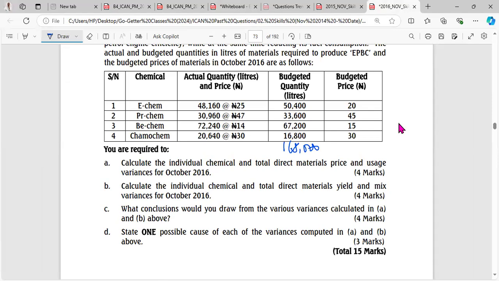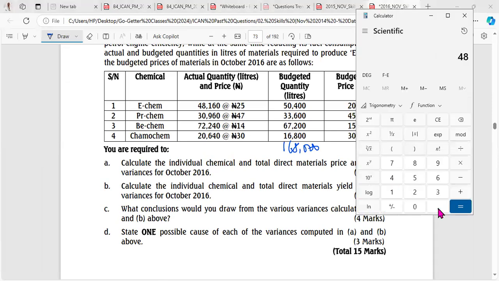We have 48,160 plus 30,960 plus 72,240 plus 20,640.